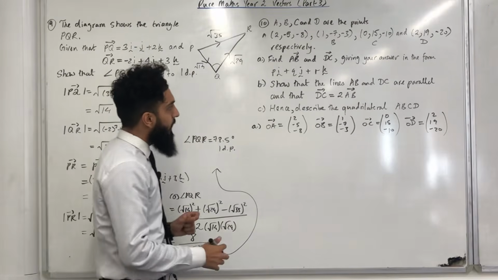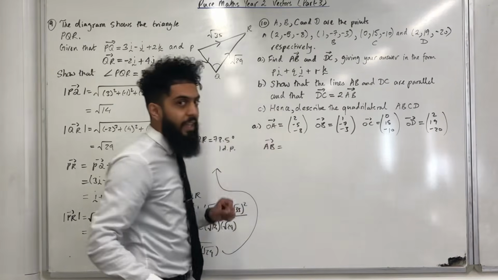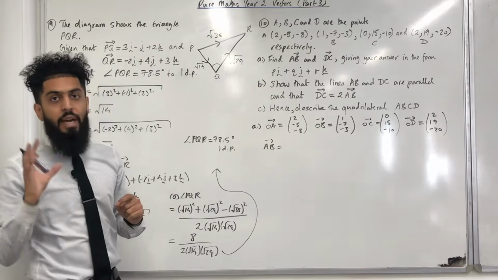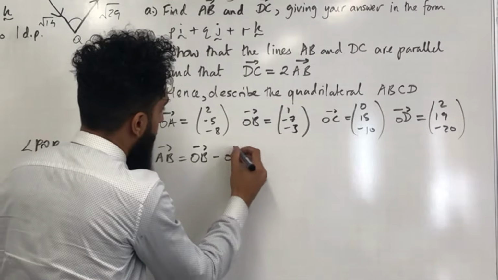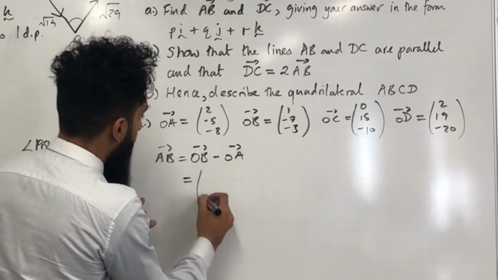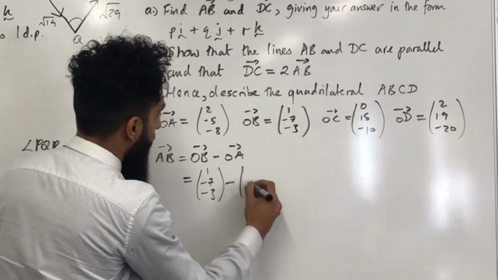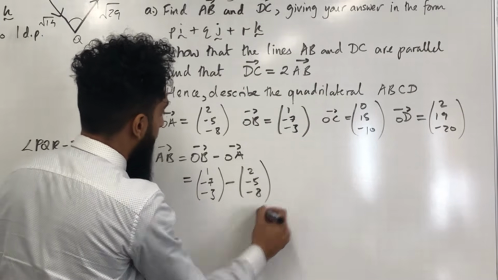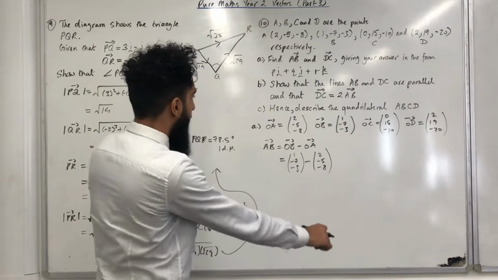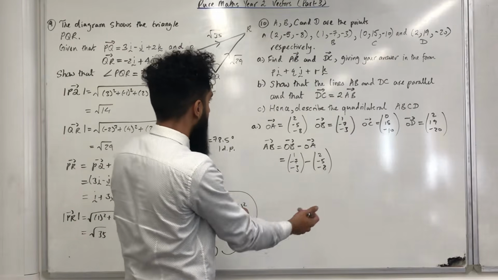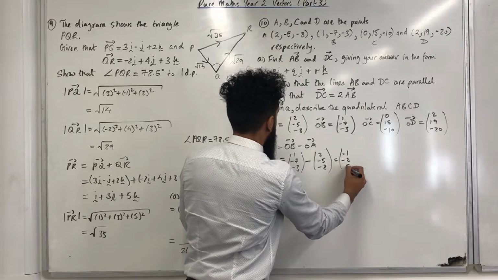Now I can go ahead and work out the vector AB. The vector AB is given by OB minus OA. OB is 1, minus 7, minus 3, minus OA, which is 2, minus 5, minus 8. I can simplify these column vectors to give my final result for AB, which will be minus 1, minus 2, and 5.